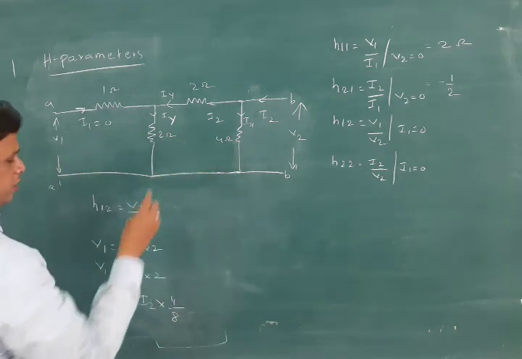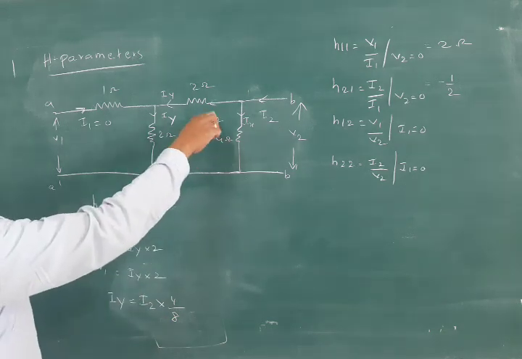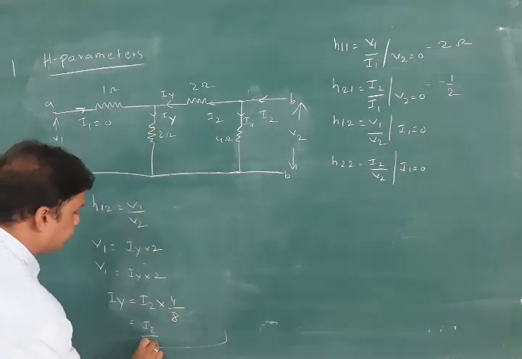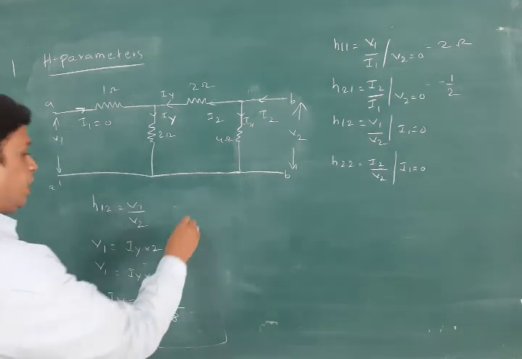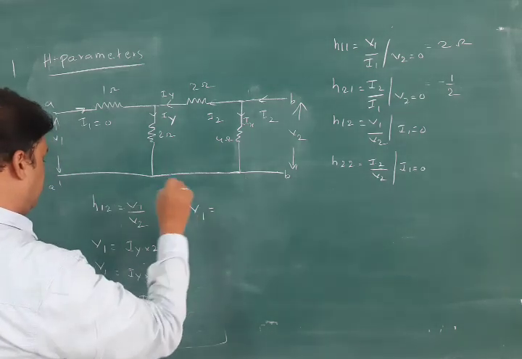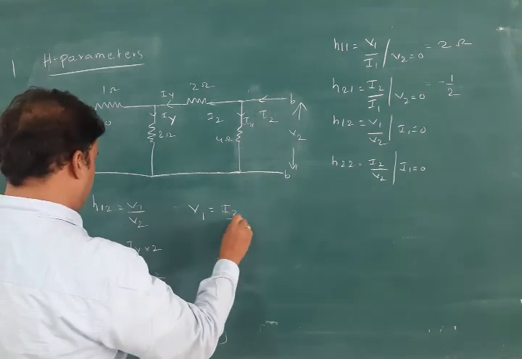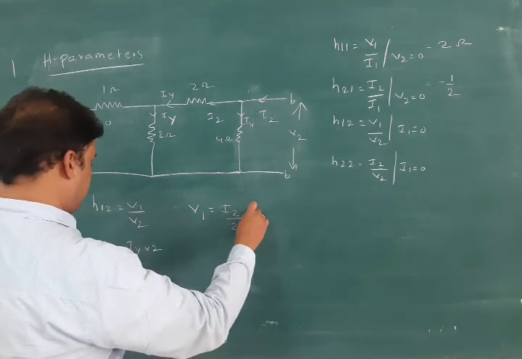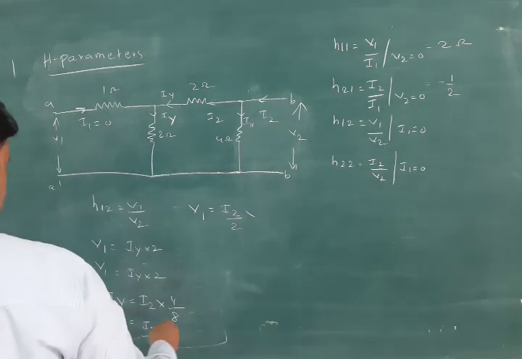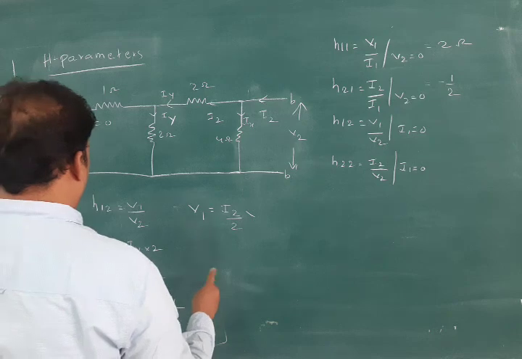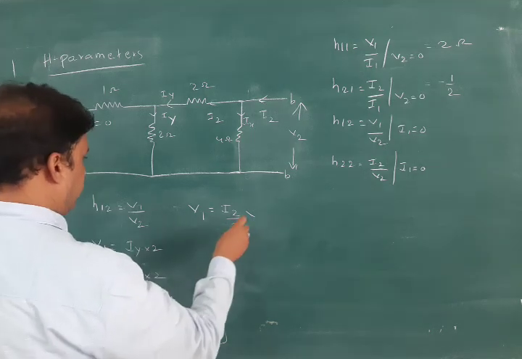Opposite is 4 here, and total is 4 plus 2 plus 2, that is 8. So Iy is equal to I2 by 2.